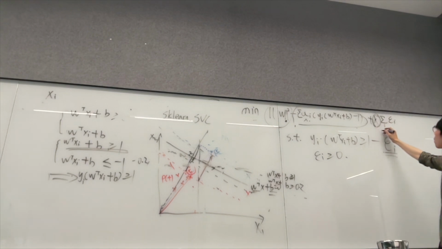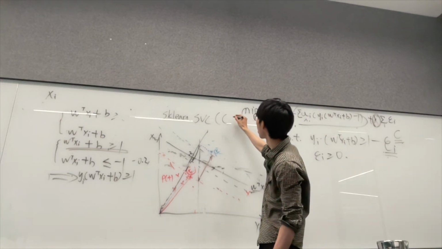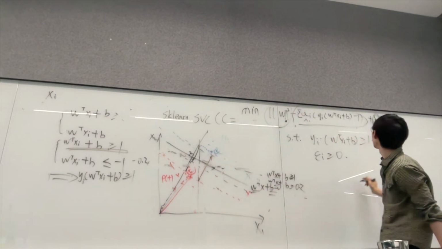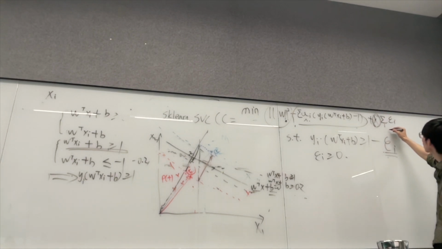This actually corresponds to the C. If you are using sklearn SVC, you have a parameter called C. What's C? You can see it as the inverse of lambda. I'm not sure of the precise formula between lambda and C, but I'm sure it's an inverse relation, something like C equal to 1 over lambda.